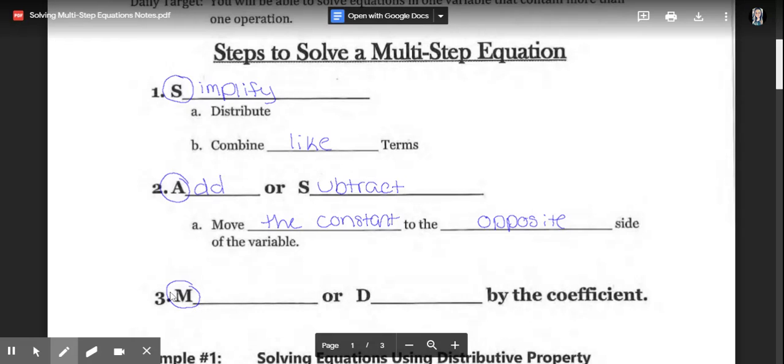So the goal is to isolate the variable, and that means we need to move the constant to the opposite side. Finally, step 3 is going to be to either multiply or divide by the coefficient, and that'll be your final step. If you follow those 3 steps in order, you should have no problem solving your multi-step equations. If you're still writing, pause the video at this point because now we're going to move on to solving some examples.